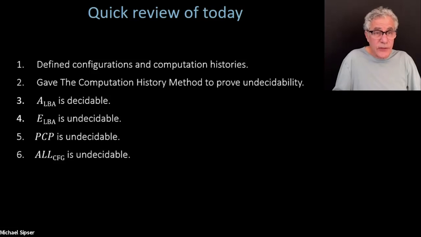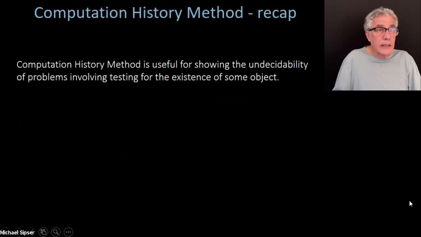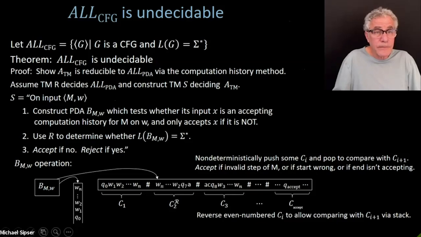So this is a very good question here. Where does the previous proof fail when trying to reduce ATM to ECFG? It's got to fail because ECFG is decidable. Maybe we can just go back to that last slide here. Because I was running a little short on time, I didn't really focus on why we have to accept the non-computation history strings.